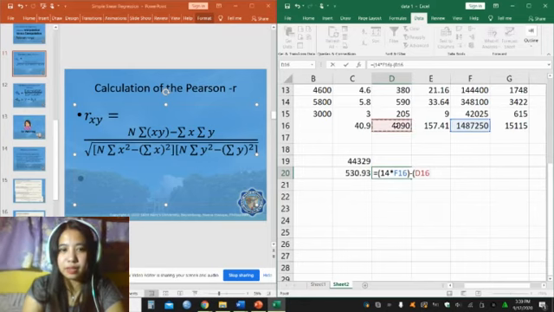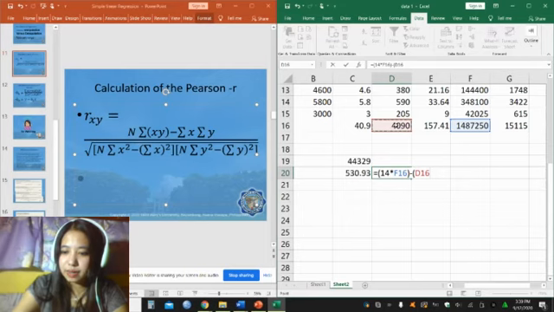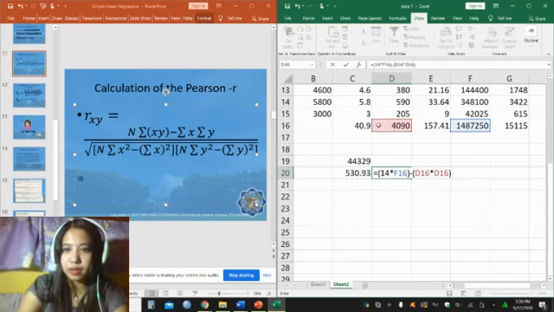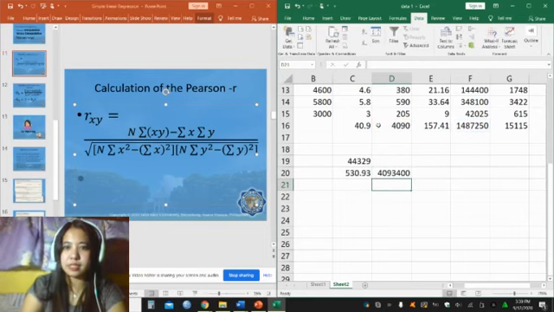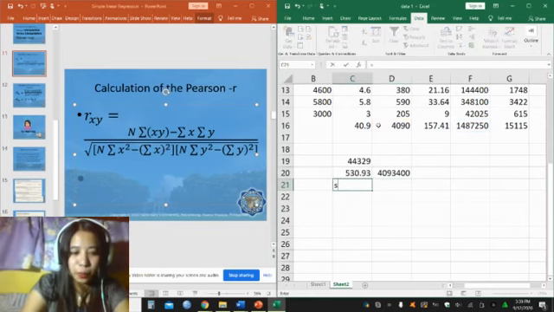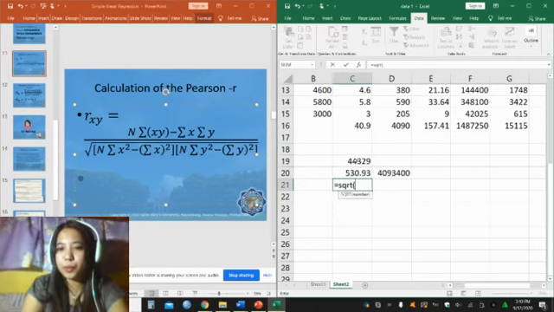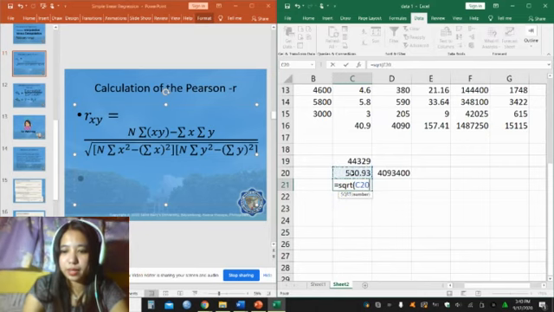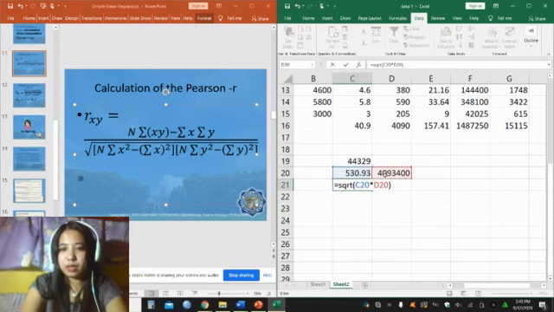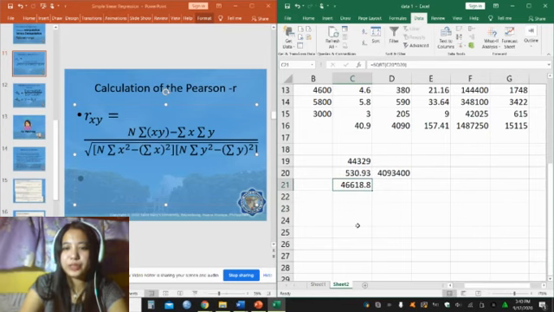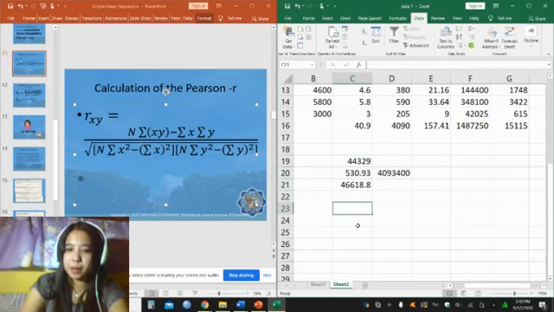This one. And raised to 2, so multiply by itself, close the parentheses. And then get the square root. So the function is sqrt. Square root of the product of this multiplied by this value, close parenthesis.